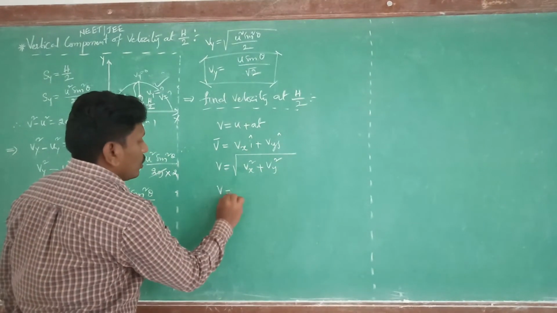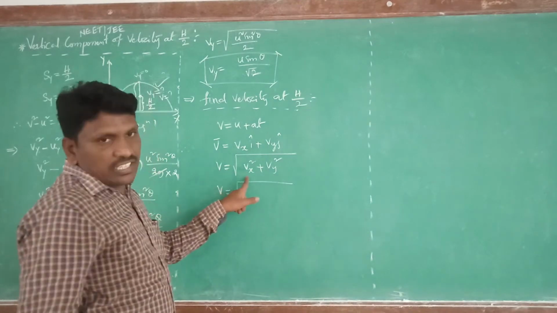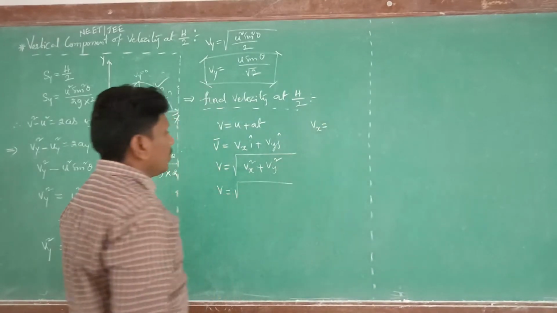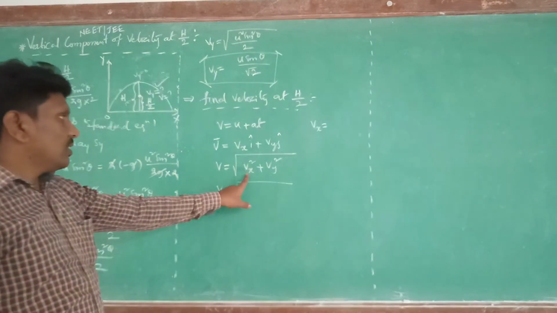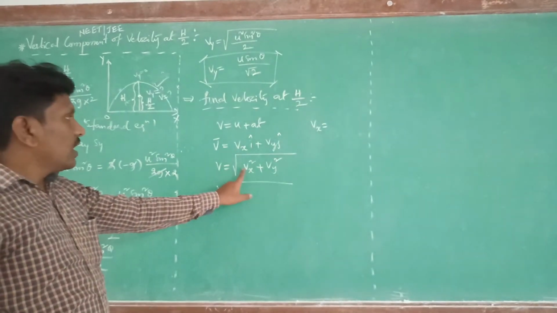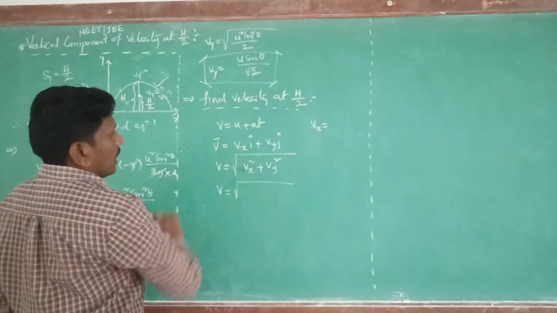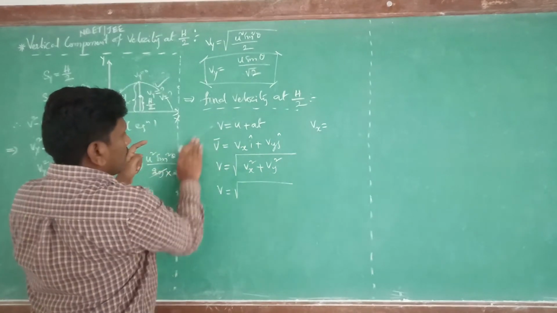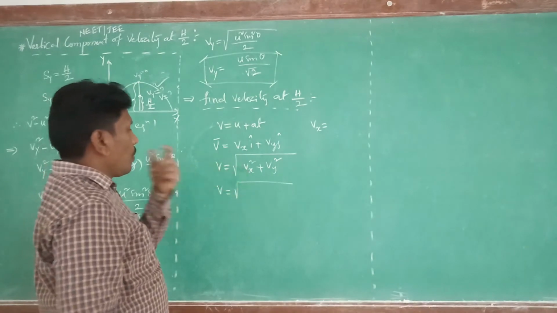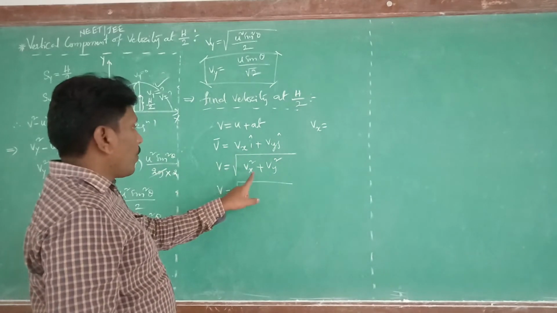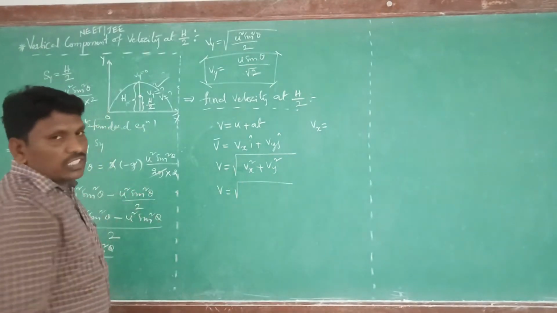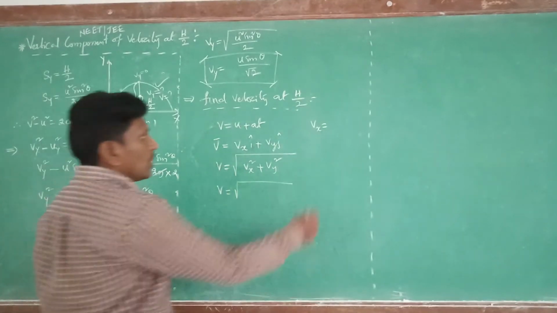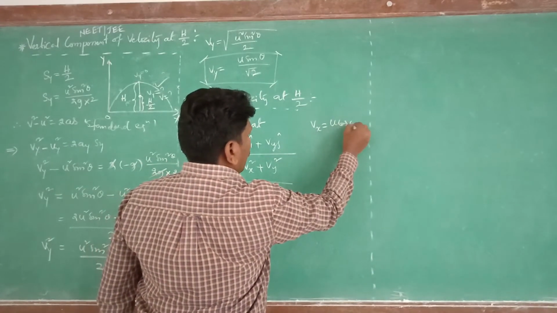Now you know that vx is v cos theta, or also we can write it as u cos theta.